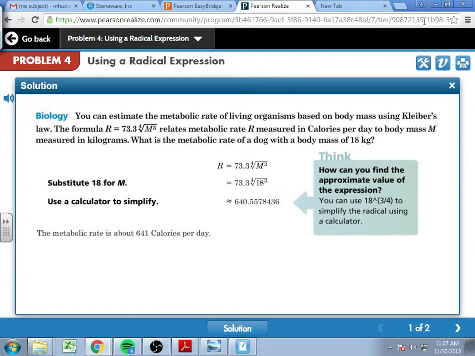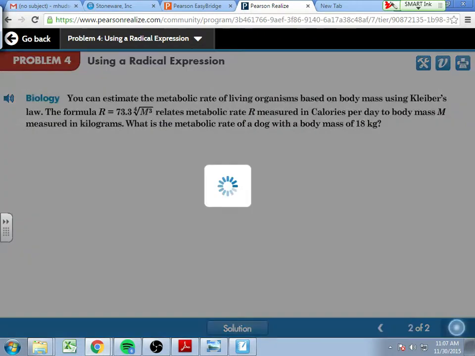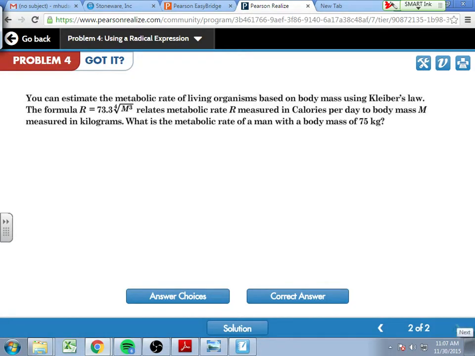Try the next one, going with the same formula, but now we're dealing with a man whose mass is 75 kilograms. How do you use it?